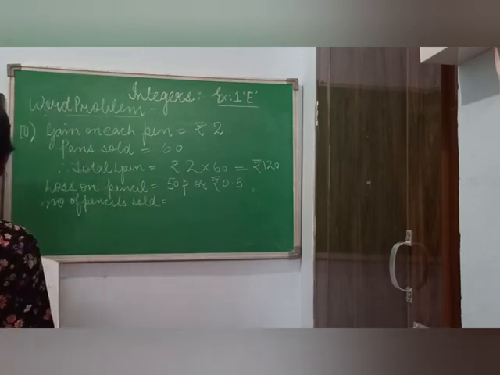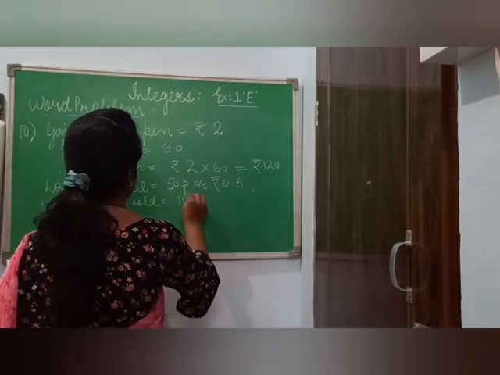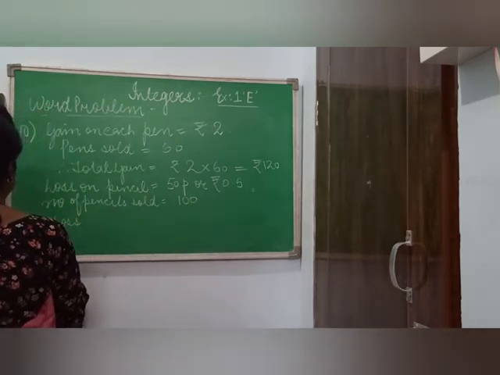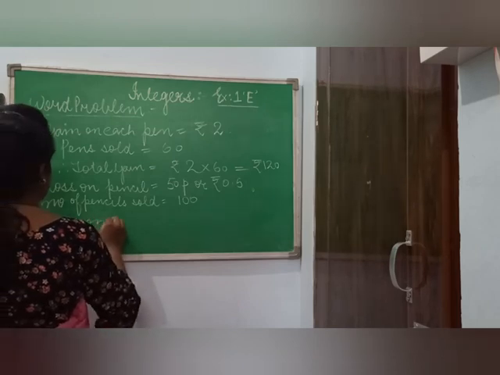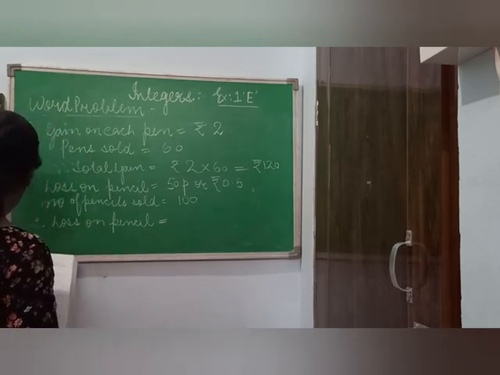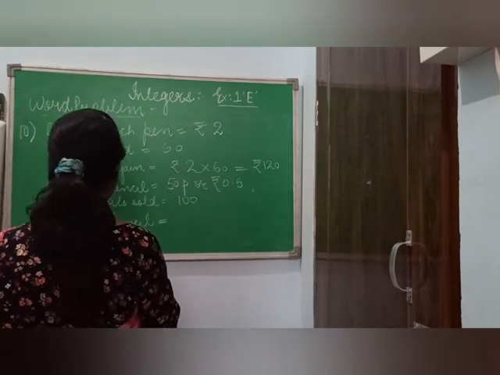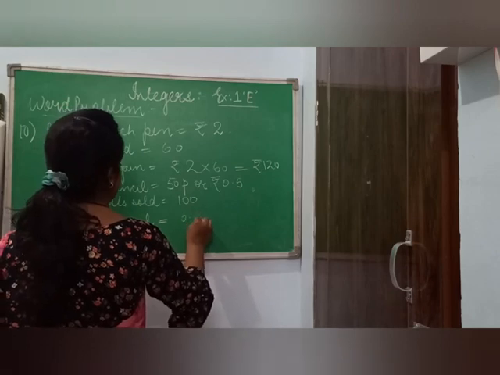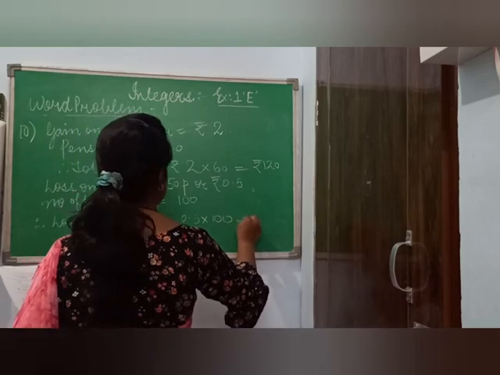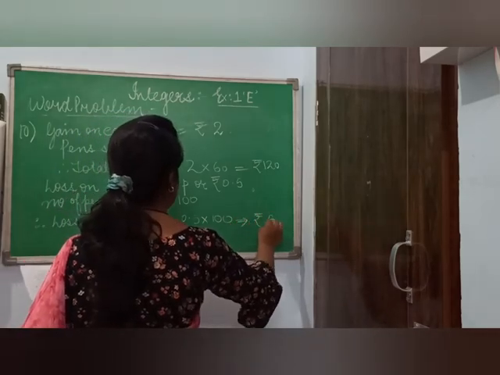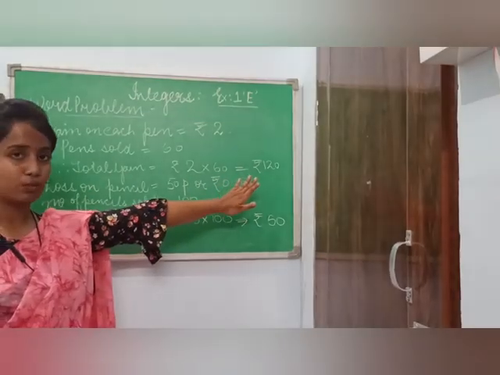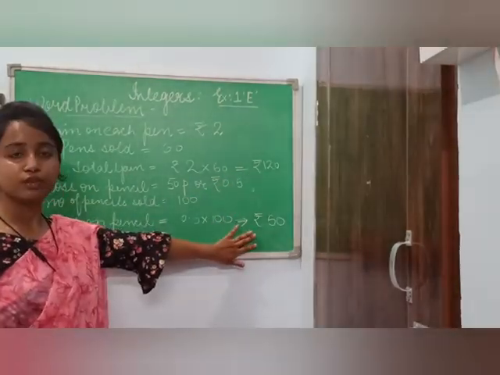Number of pencils sold were 100. Therefore, loss on pencil, how much did he lose for pencils, will be 0.5 into 100, that is ₹50. So clearly we can see that he gains ₹120 and he loses ₹50.